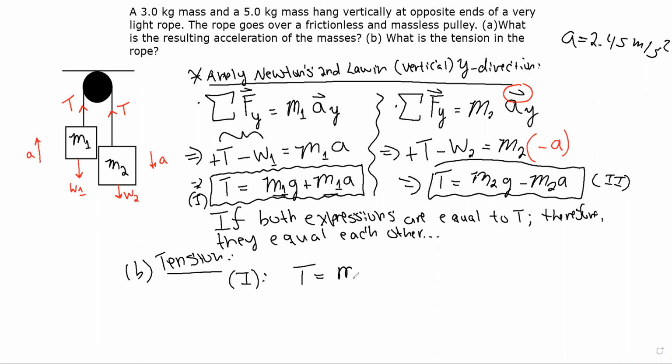So just to save some time, equation 1 is M1 times G plus A. 3 times G plus acceleration, 2.45. So the tension in the cord is about 36.8 newtons.